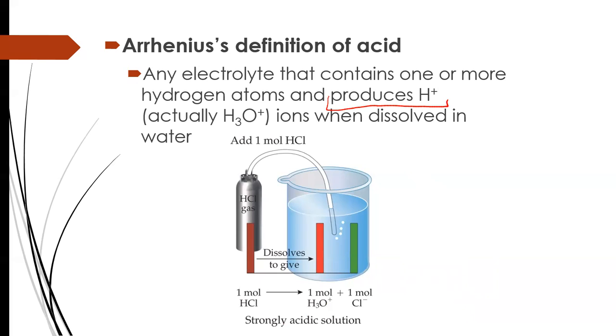HCl is an example of that. When we put HCl in, it breaks into an H plus ion and the chloride anion. So that's our original definition of an acid: we need to have a hydrogen inside that molecule, and when it dissociates, it's going to be that H plus and the anion.